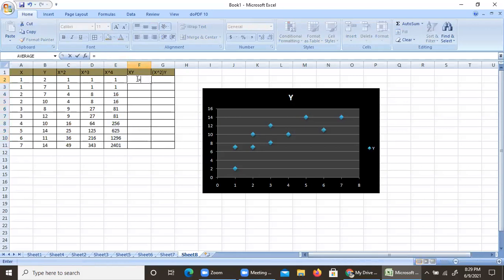This will be the multiplication of the first two columns, and that will be the multiplication of the second column and the third column.